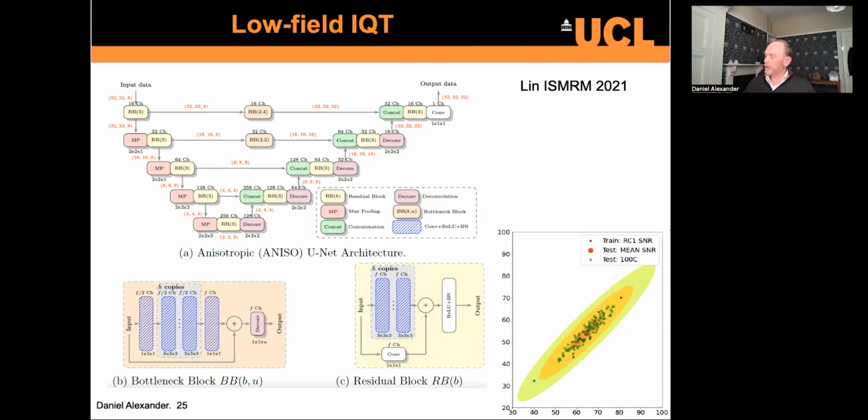I won't dwell on the architecture, and it's basically under the hood a fairly simple UNet architecture. One of the key things for getting this working is to accommodate the uncertainty in the mapping of intensities between the low field and the high field images.